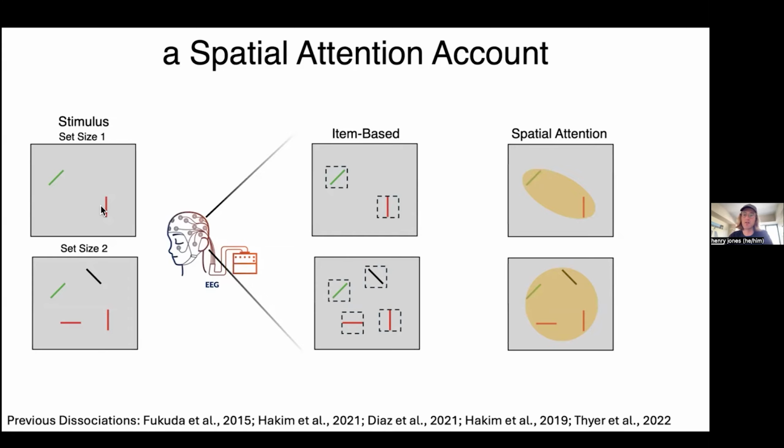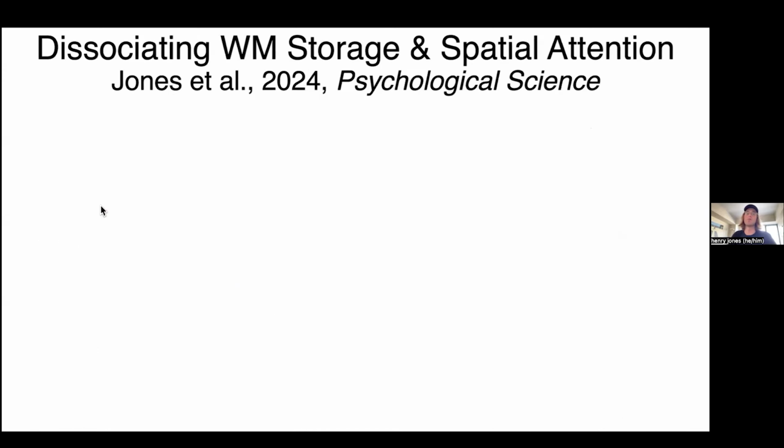There has been previous work that has found some initial evidence for dissociations between signals that seem to track working memory load and signals that seem to track spatial attention, but they often are still confounding the number of targets and the number of locations, and they use univariate measures that make it difficult to track both spatial attention and working memory load simultaneously. So we ran a project where we wanted to apply multivariate approaches while independently manipulating both of these factors.